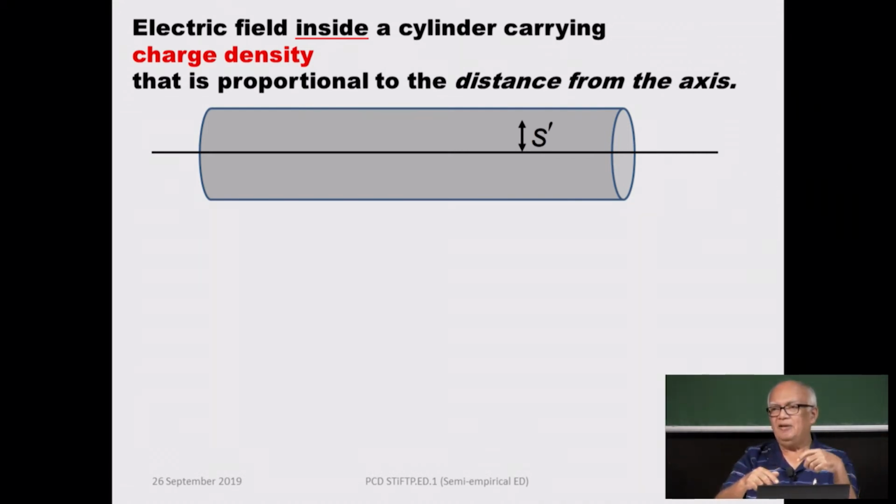But inside, if you construct these Gaussian pillboxes, then depending on how much of the charge you accommodate, you will have a different intensity, because Gauss's law tells you that only as much charge would contribute as is included inside the closed surface over which the Gaussian surface integral is carried out.